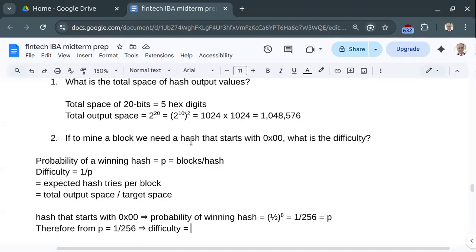The inverse of P, which is 256. Make sense, everybody? Yes. Okay, so once I find the probability, it's very easy to go from probability to difficulty. So the difficulty is 256. That means that your output space is 256 times bigger than your target space.